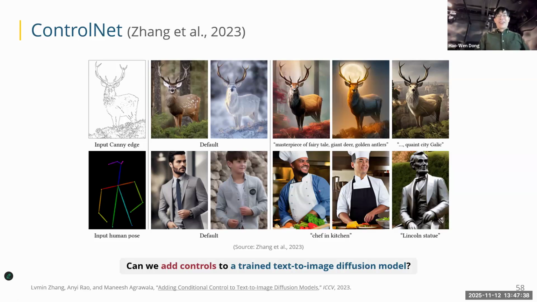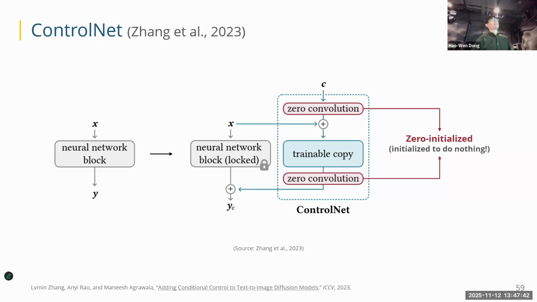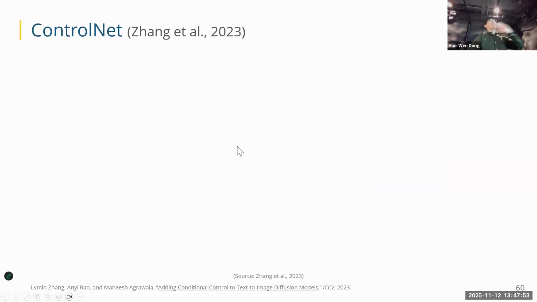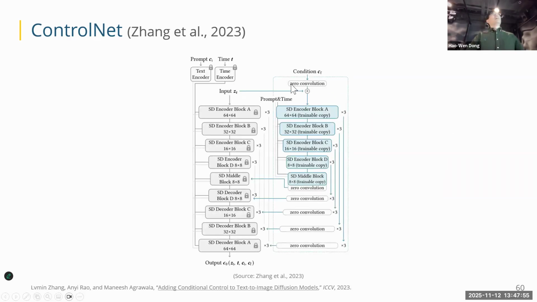Technically it's the same. The big innovation here is how you initialize it to do nothing when you get started, because the worst thing you could do is ruin everything you know about Stable Diffusion. You just want to steer it toward what you want.